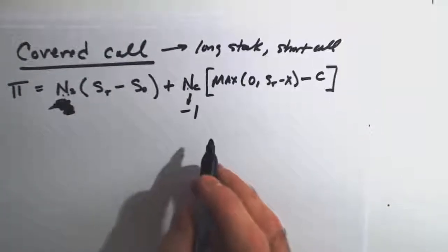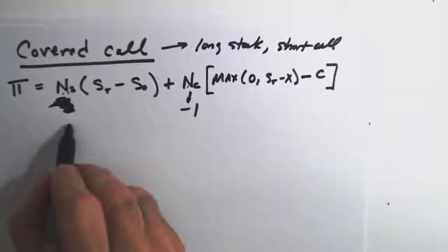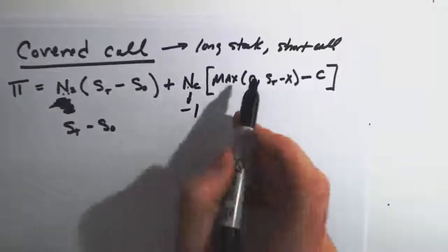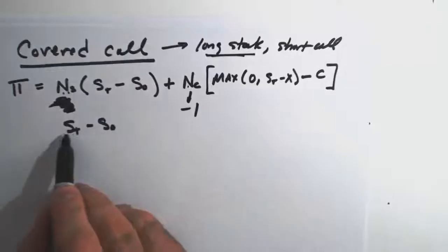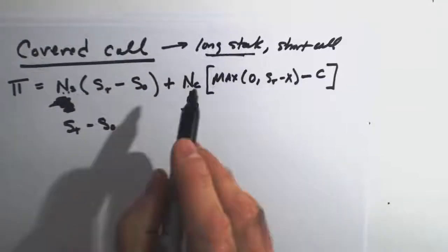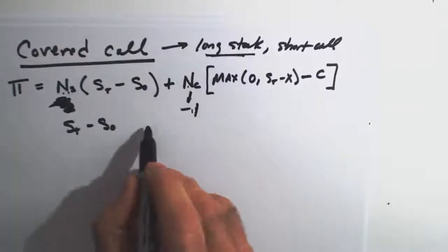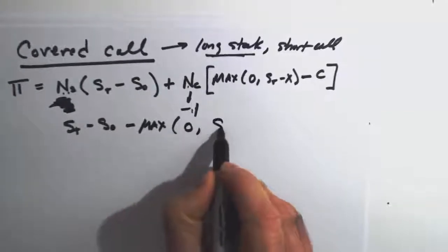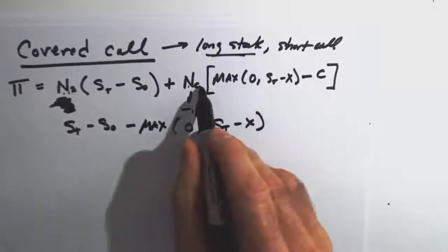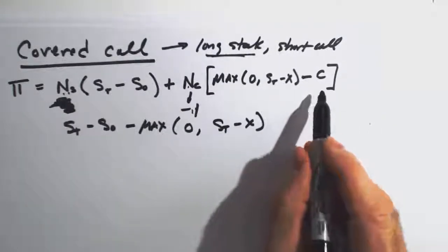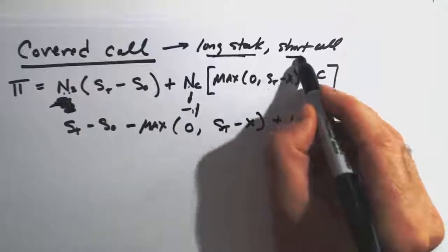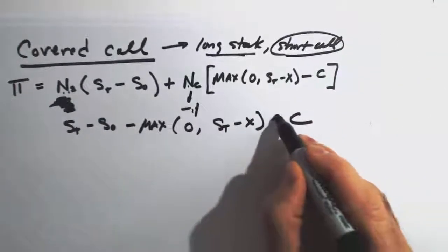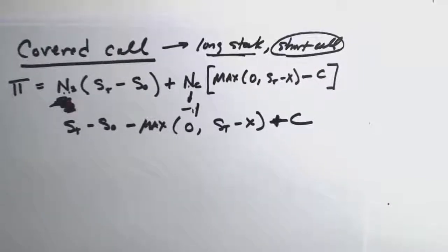So when you write the -1, overall what you'll get is ST minus S. That's the profit on the stock, because remember, you're long the stock, so you're going to make this gain or loss. You're short the call, so distribute the minus sign, minus max, and the minus sign goes in front of the C also. It's because when we short a call, we end up collecting the premium, and so here it is, a positive sign.